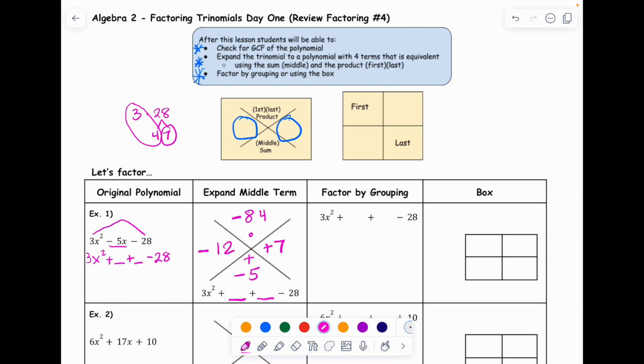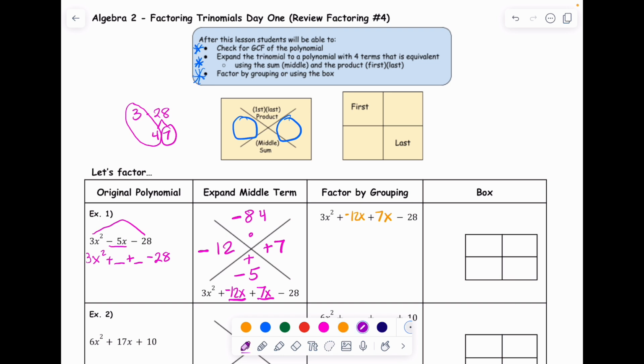So, of course, they're supposed to be adding to a negative 5x. So this has to be negative 12x and a positive 7x. And here's a little hint, you guys. If you can put the positive number second, if you have a positive and a negative number, so I'm putting negative 12x here, and I'm putting 7x here.